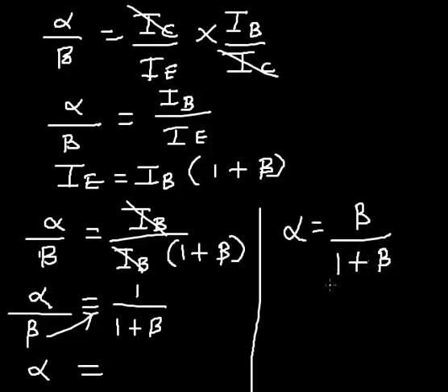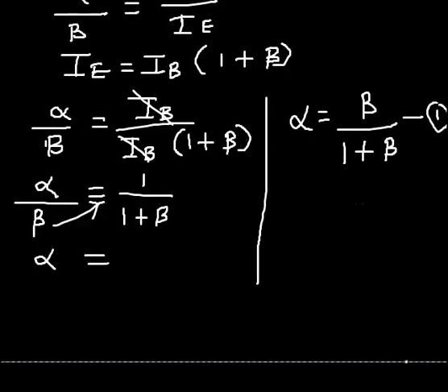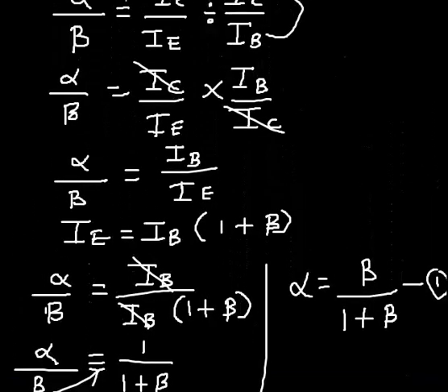I got this relationship by substituting IE equal to IB bracket open 1 plus beta. So this is one relationship: alpha is equal to beta over 1 plus beta. I can still go the other way around and get another relationship.